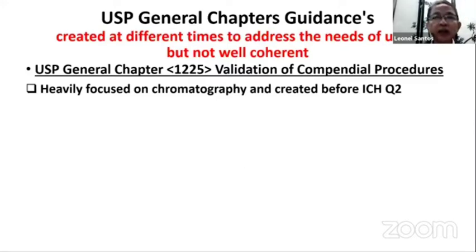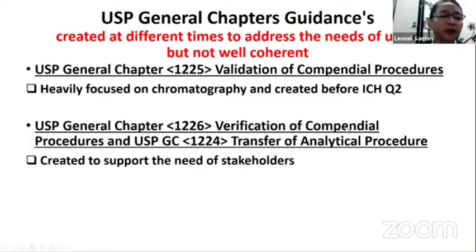ICH, by the way, is International Conference on Harmonization, and it is more of the international standard for drug products and drug substances. So it covers the different countries. So that's more of a United Nations, but that covers the major USP, British Pharmacopoeia, and also the Japanese Pharmacopoeia.